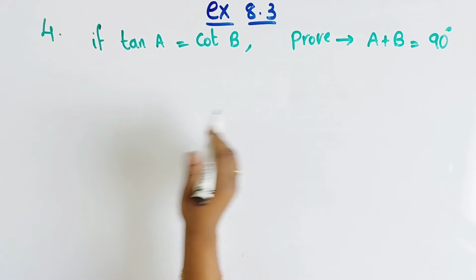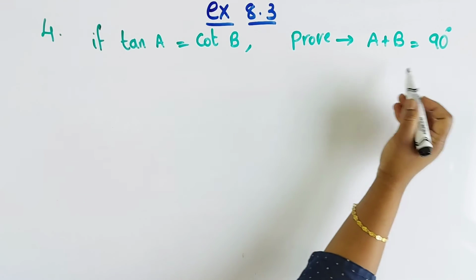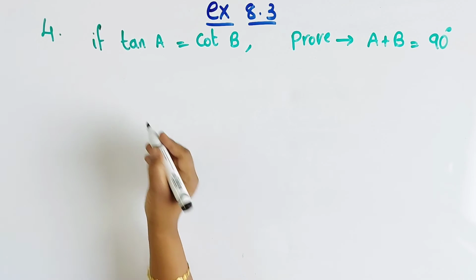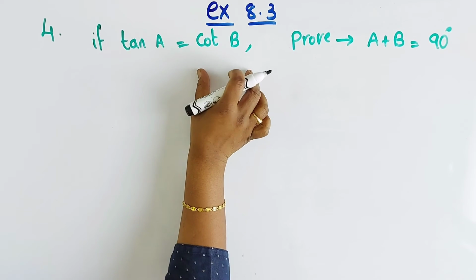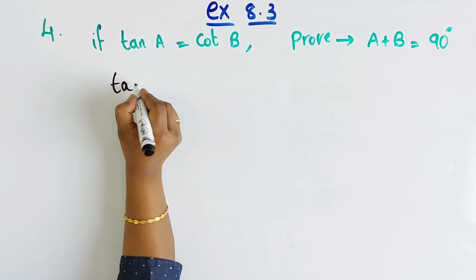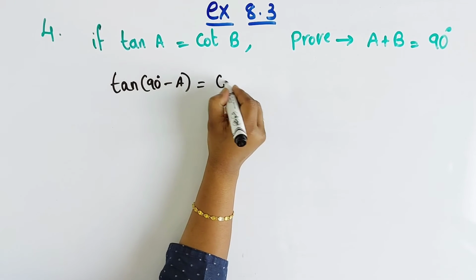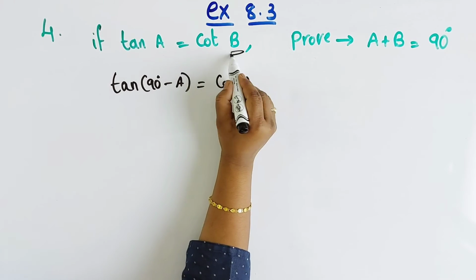Now the fourth question, children. If tan a equals cot b, then prove that a plus b equals 90 degrees. Very easy, children. Here they have given cot b. What is the cot formula? Tan(90 minus a) equals cot a. Correct? But here we have b.